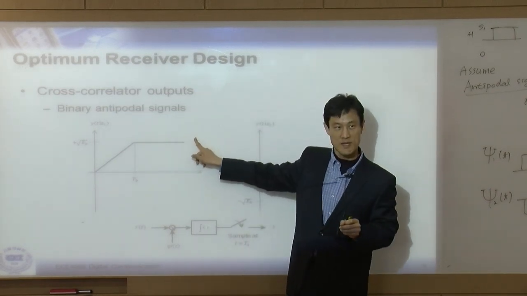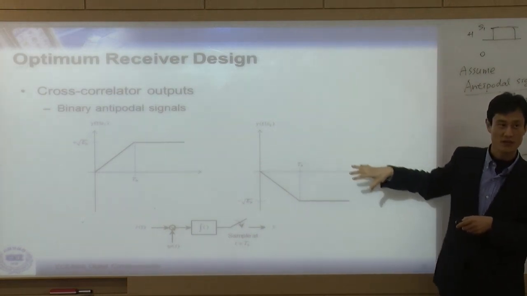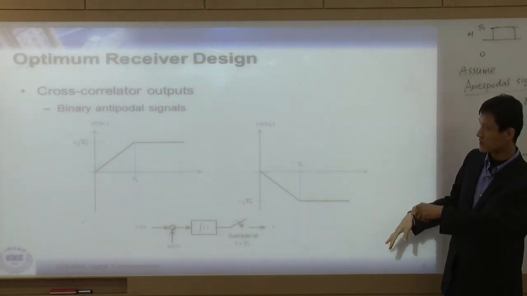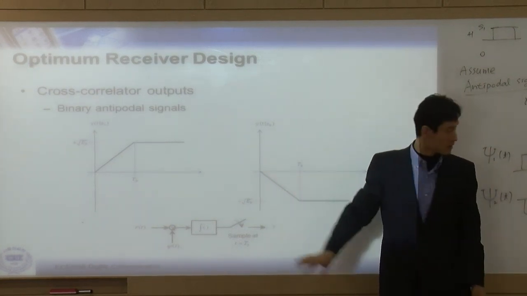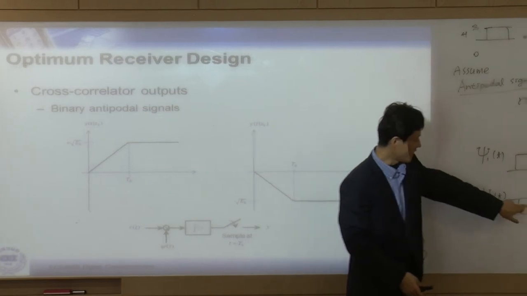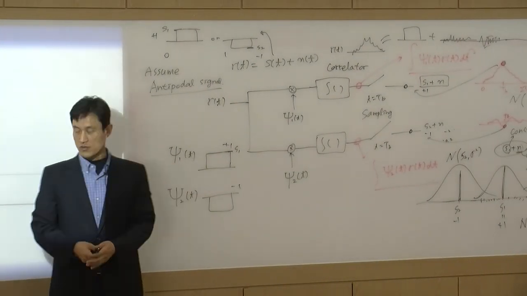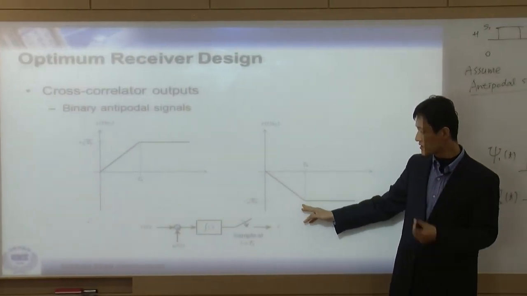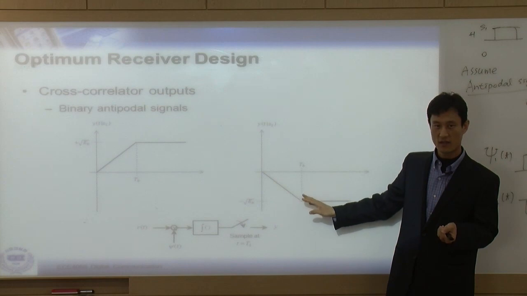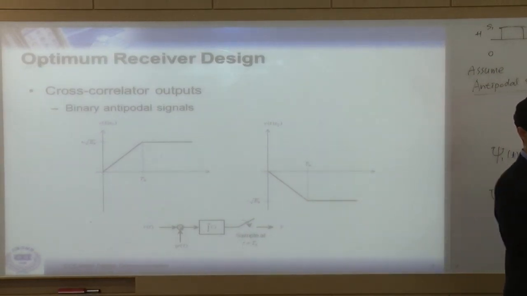Same for the second correlator. We have two correlators, right? One correlator here, second correlator here. For the second correlator, we have a negative signal as the perfect signal, so it goes down like this, and here is the minimum value you're going to get. We sample it at that point and keep that value.